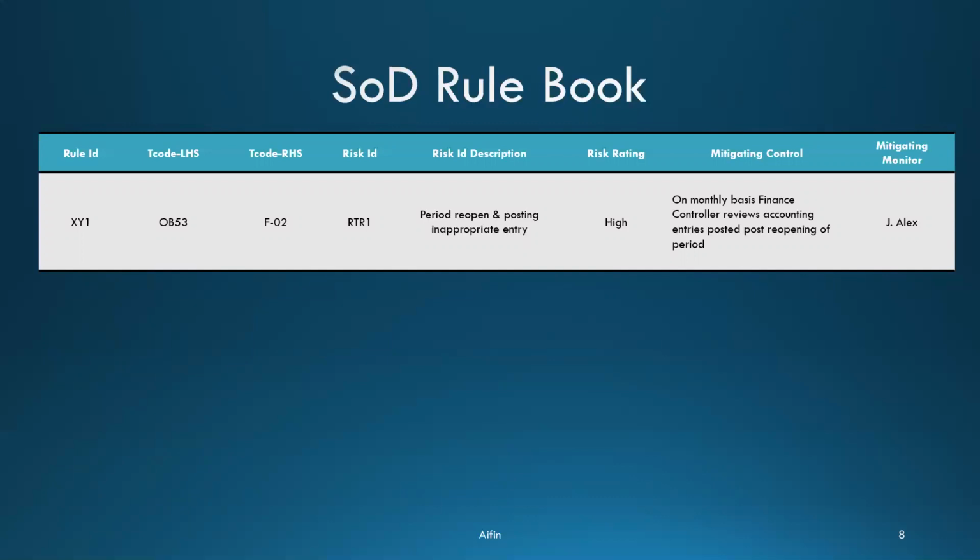Then we have defined a mitigating control that on a monthly basis, the finance controller reviews accounting entries posted post reopening of the period, and the mitigating monitor is Mr. Alex, who has to perform it. So this is typically documented in the SOD rulebook, and accordingly, this is the master. If anything like that happens for any user, it gets triggered, and it notifies the respective people to ensure the controls have been performed.